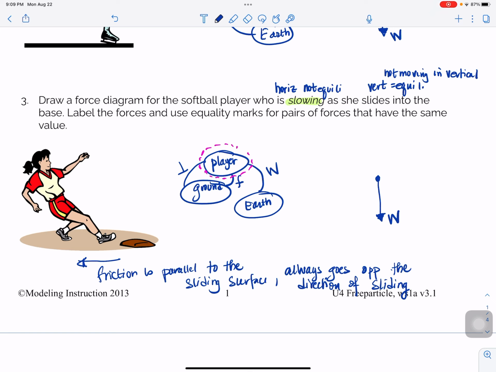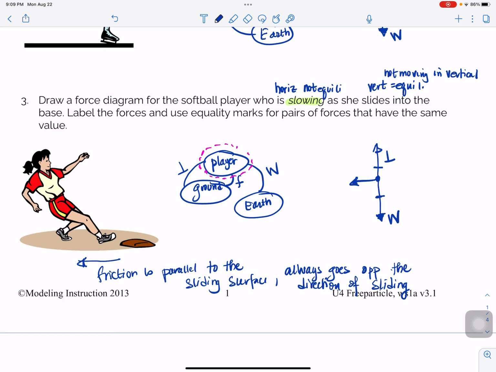Now, she is not moving in the vertical direction, and so the perpendicular force, and again, this is perpendicular to the surface. Because she's in equilibrium, we know that this pair of forces has to be congruent. And then the third force is the force of friction going backwards.